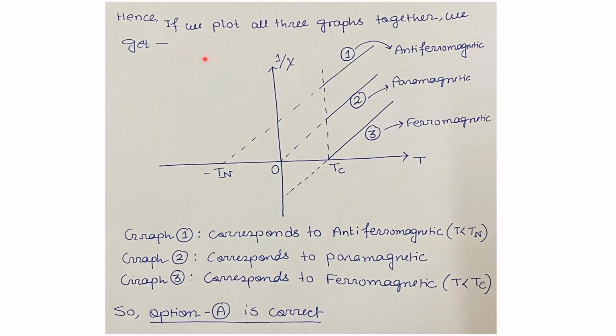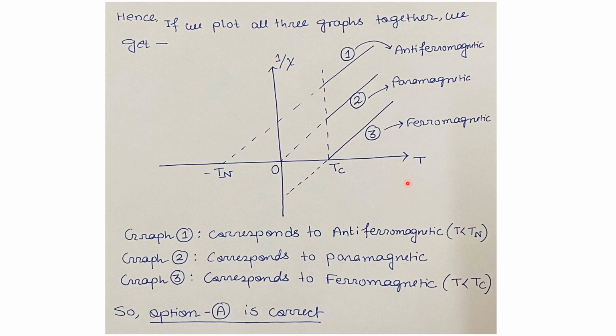Now we have plotted the 1 by susceptibility versus temperature for all the three materials. Those are paramagnetic, antiferromagnetic and ferromagnetic. So this plot shows all three curves.